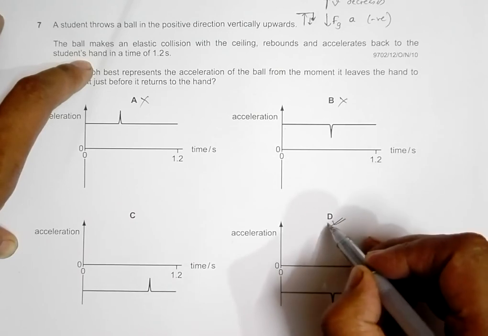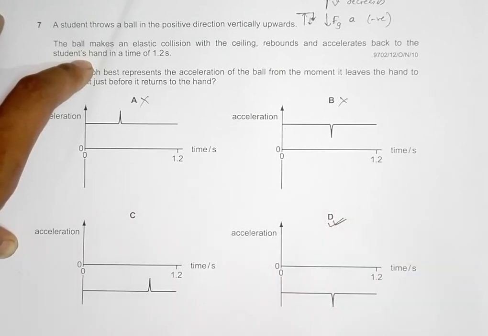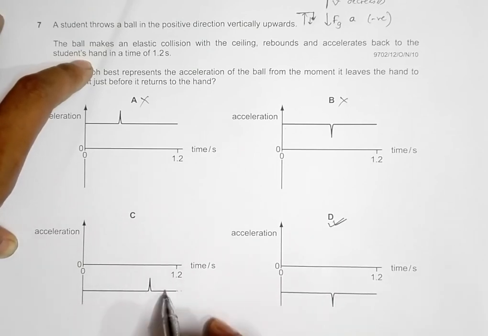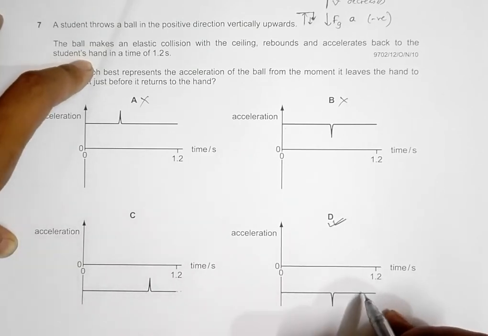Now one thing that we have to remember is, if I go through this time, this is 1.2 seconds, and here the time for upward flight is longer, time for downward flight is shorter. But here the time for upward and downward flight is not so much different. Here is a lot of difference, and here it is not so much of difference.